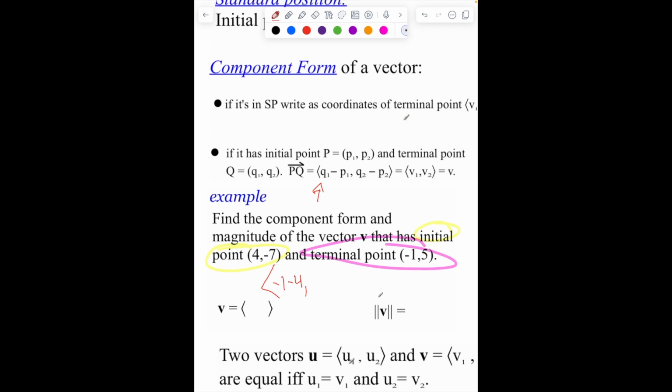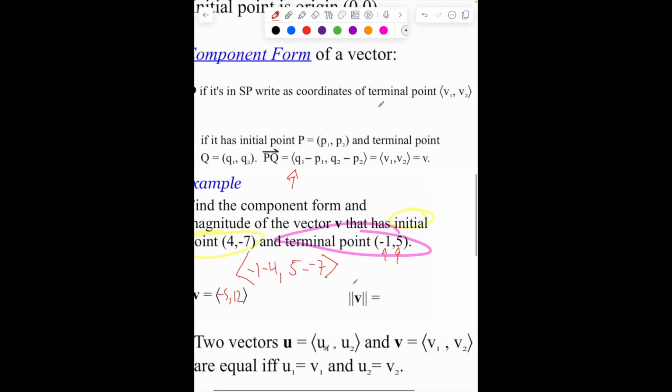And then, because I started with -1, I also start with 5 minus -7. Simplifying that, I get -5 for my first coordinate and 12 for my second one.